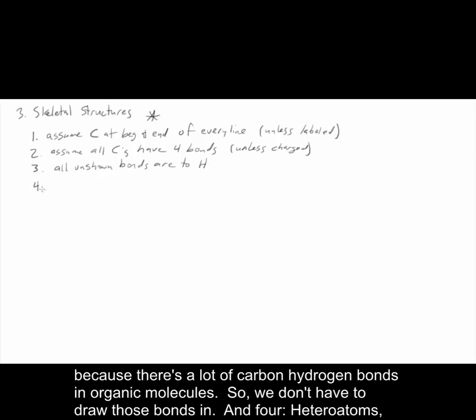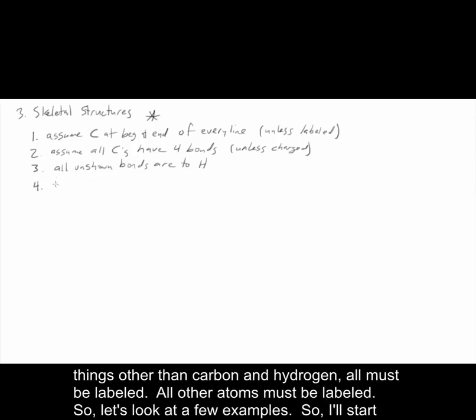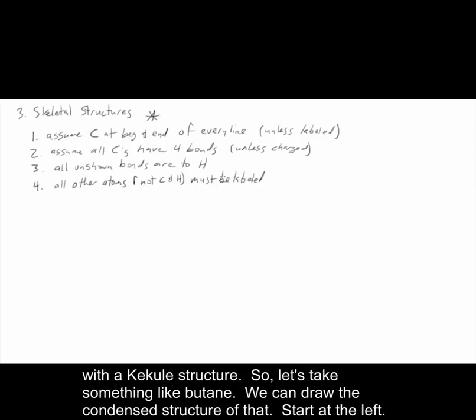And 4, heteroatoms, things other than carbon and hydrogen, all must be labeled. All other atoms must be labeled. So let's look at a few examples. So I'll start with a Kekule structure.